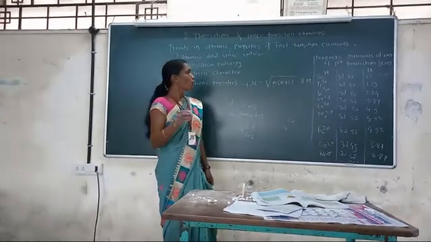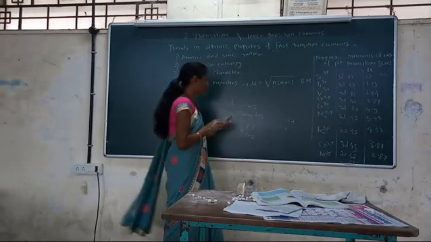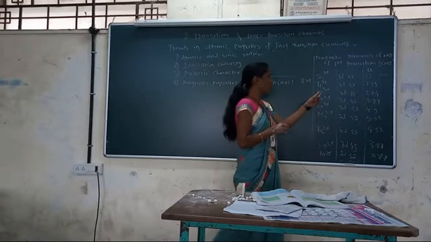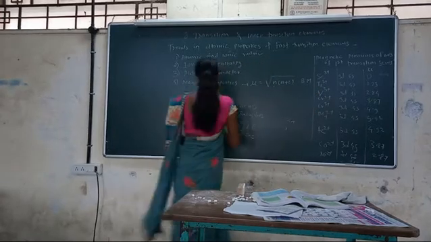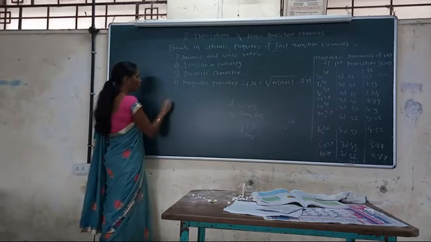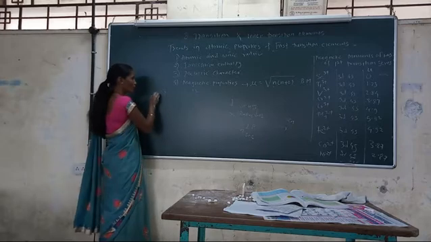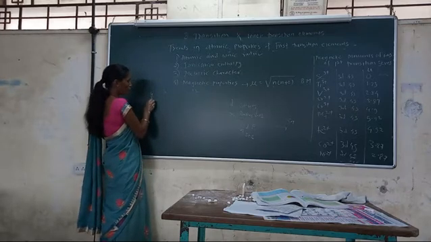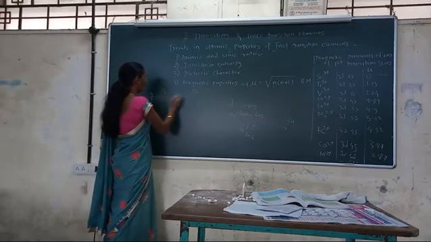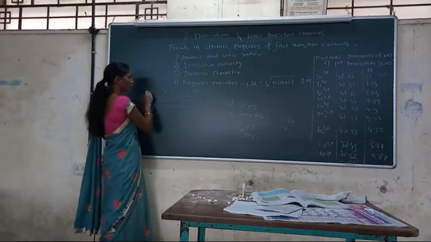Metallic character of the first transition elements, that is the 3d series: scandium, titanium, vanadium, chromium. The d block contains groups 3 to 12 and periods 4, 5, 6, 7, from which we learn about the first transition elements.